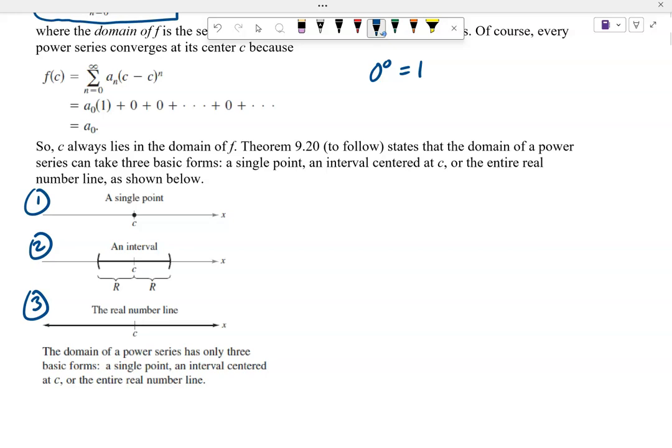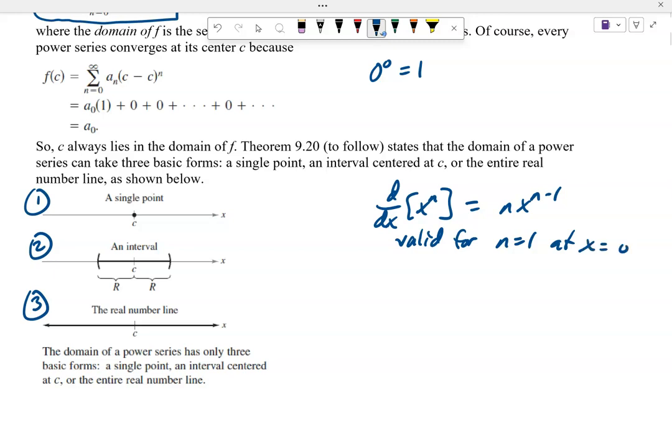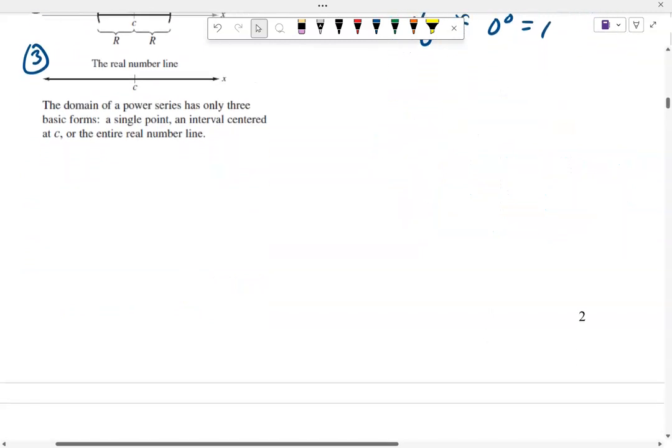In fact, if you think about in calculus, if you take the derivative of x to the n, you have n x to the n minus 1. Well, this is valid for n being 1 at x being 0, only if we allow 0 to the 0 to be 1, right? So again, depends on context. So with power series, we're going to allow that to be 1.